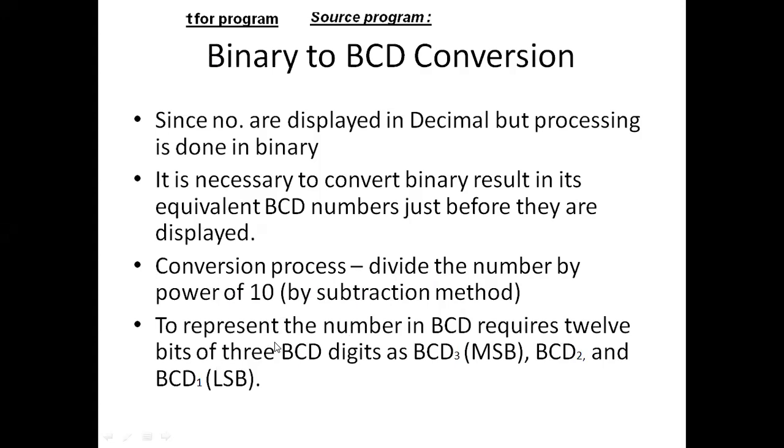To represent the number in BCD, it requires 12 bits of 3 BCD digits as BCD3, BCD2, and BCD1. So how will this binary to BCD conversion process go on?